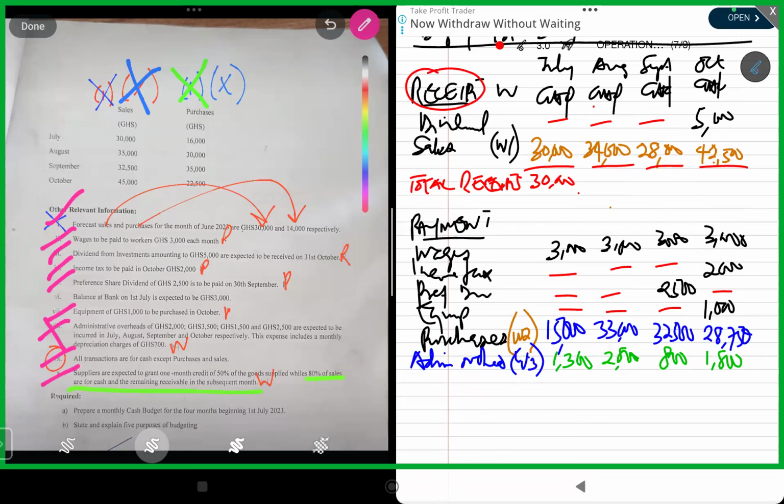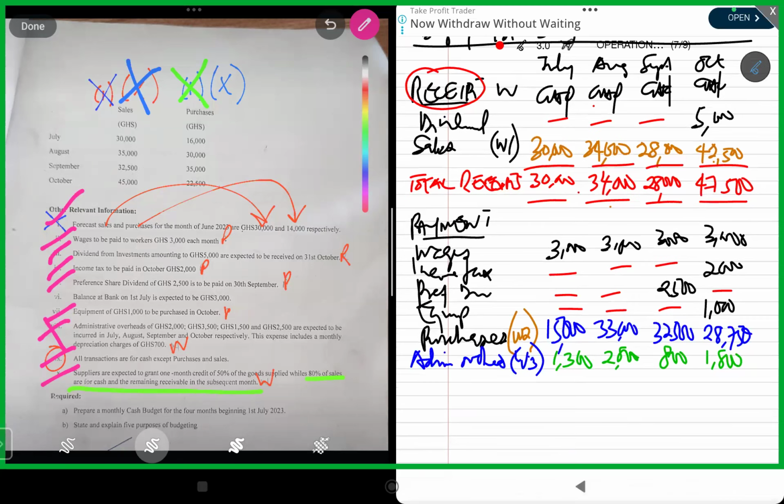Then August will be 34,000. September, 28,000. October, 47,500. Is that correct? Yes. I'll underline them with a single underline.